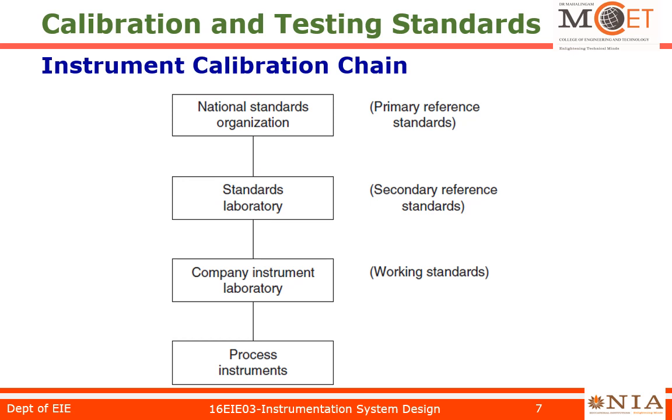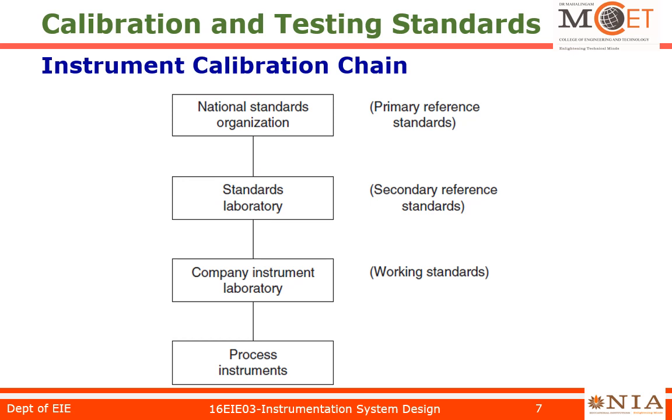Finally it goes to the process instrument, where the measurement comes into the picture. So initially the standards are developed by the National Standards Organization, then the standards laboratory, and third the company instrument laboratory.